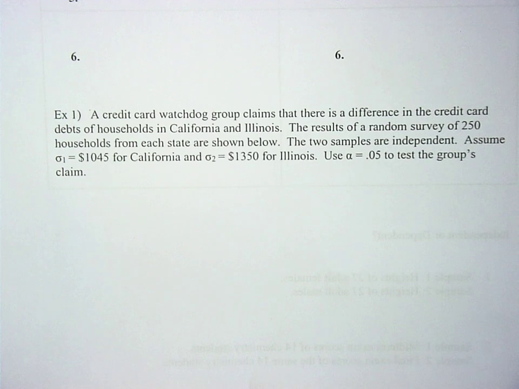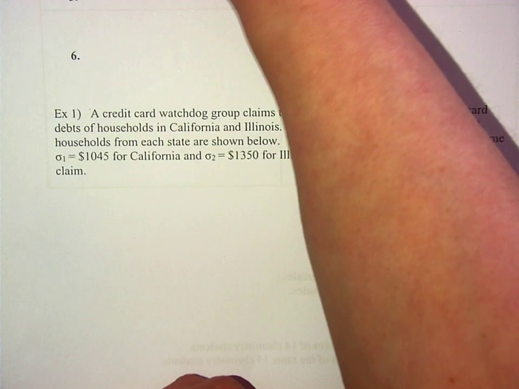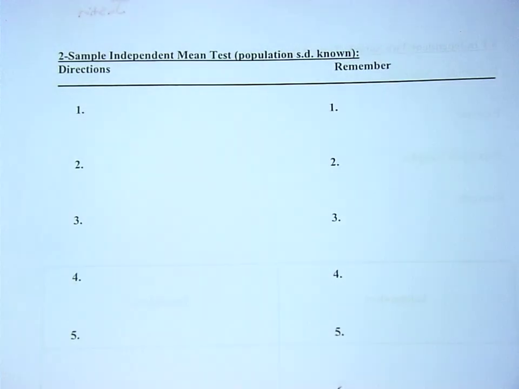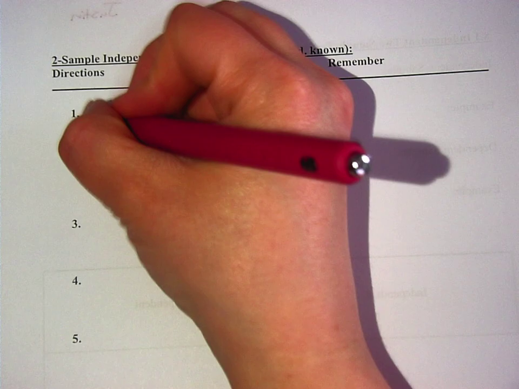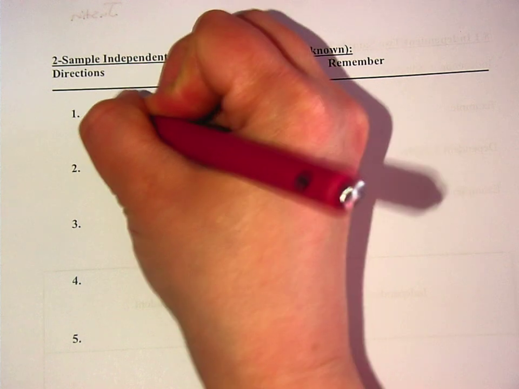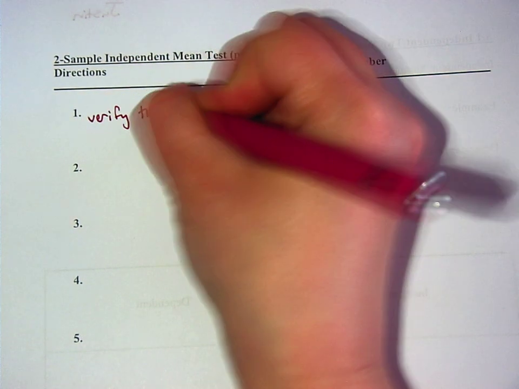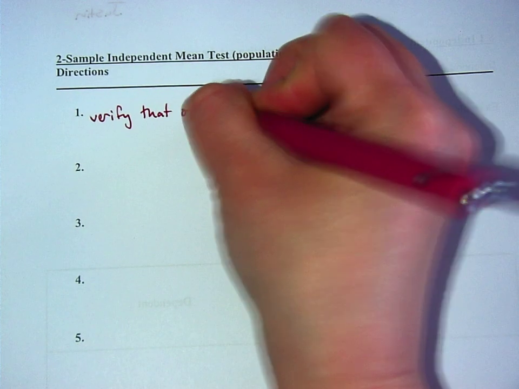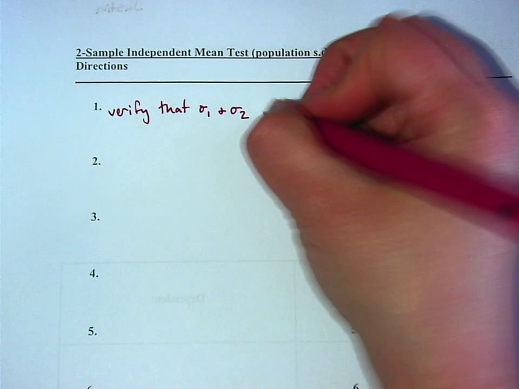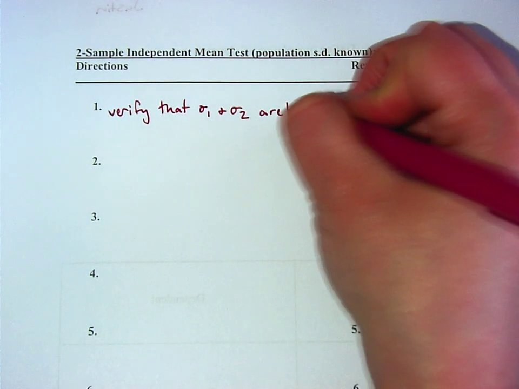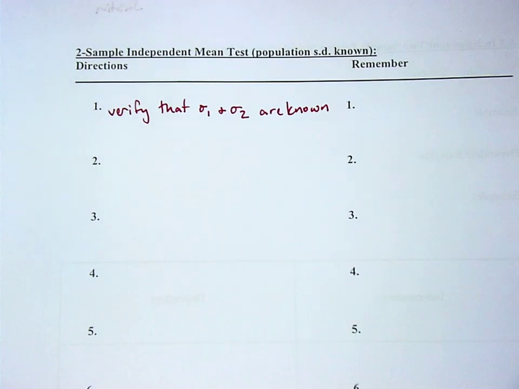All right. So let's talk about steps. First step when you do a 2-sample test is that you have to verify that both population standard deviations are known. Because otherwise we're going to do a t-test, not a z-test.